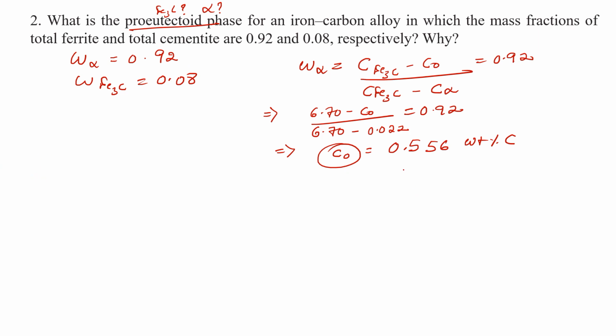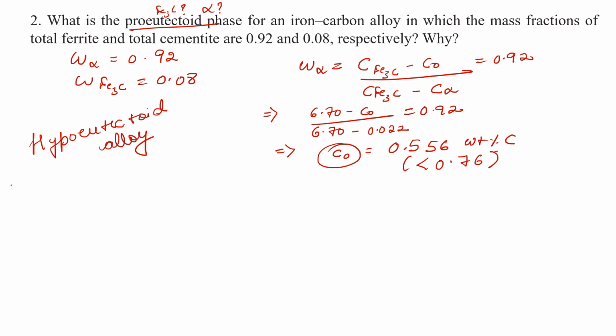Now you can see that 0.556 is lower than our 0.76 weight%. So that tells us that this lies in the hypoeutectoid region. So it's a hypoeutectoid alloy.